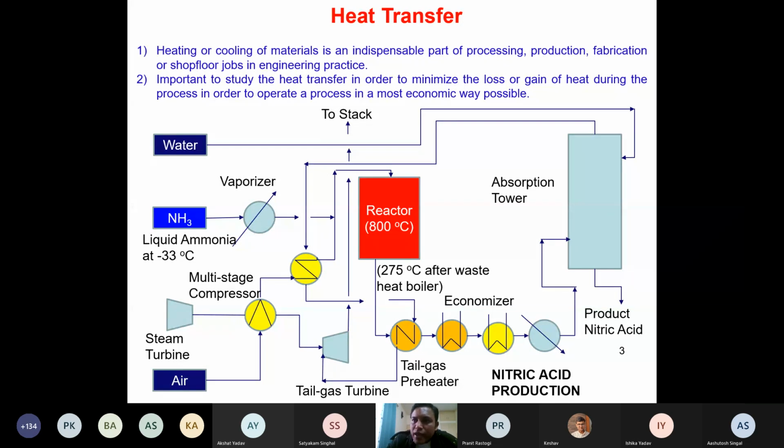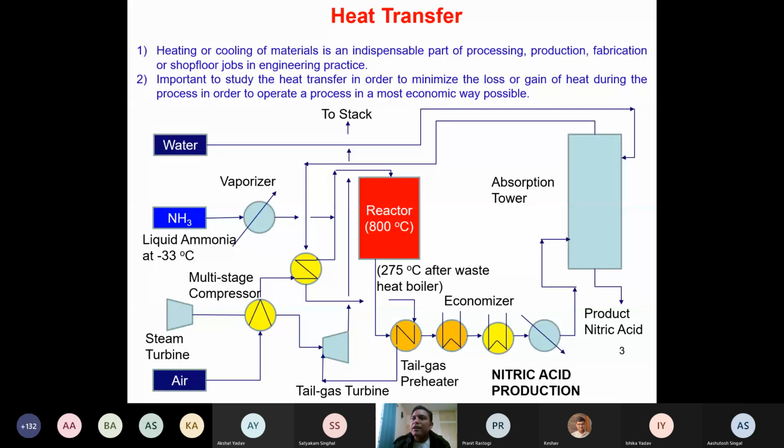So this storage facility always has to have a refrigerating unit which will maintain the temperature around -33°C. Okay, so the refrigeration part is required when we look at the storage of the ammonia.